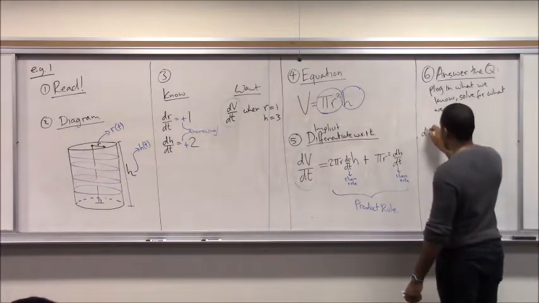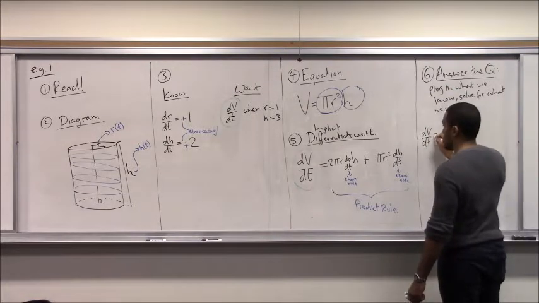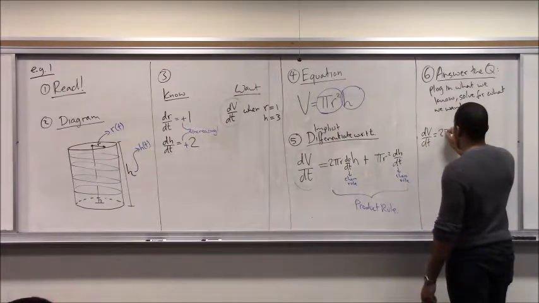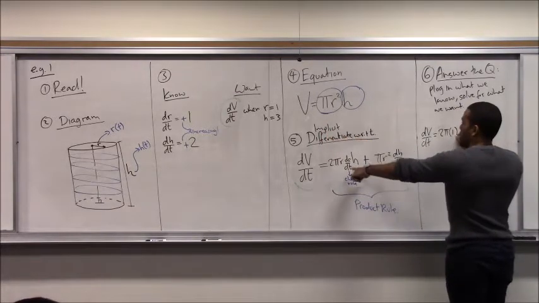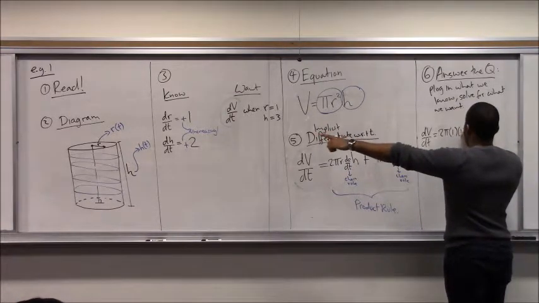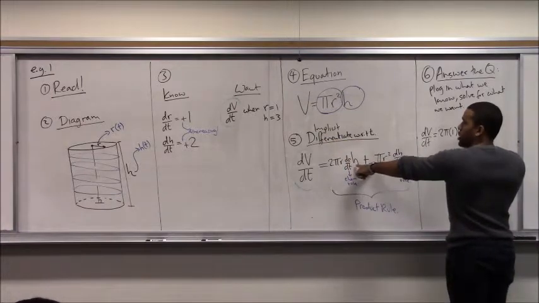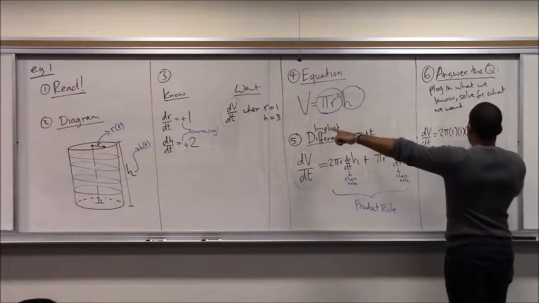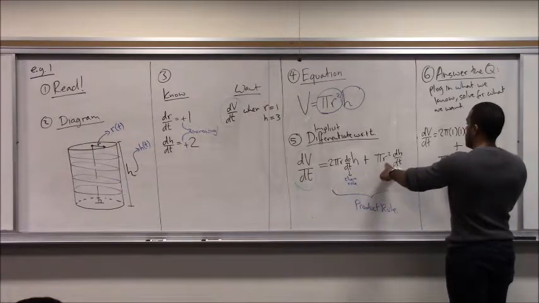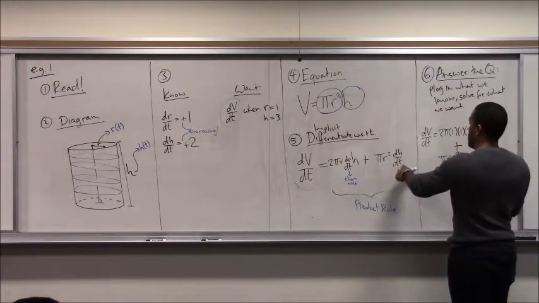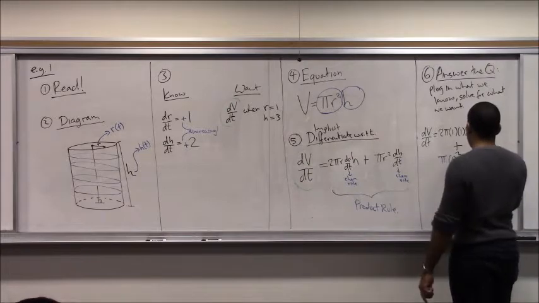So this means that dv dt is going to be equal to 2 pi times 1 times dr dt is again 1 times h, 3, plus pi times 1 squared times dh dt is 2.